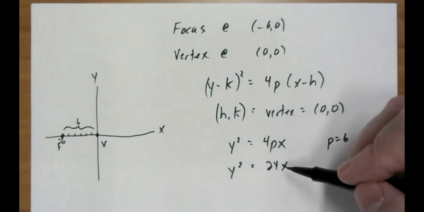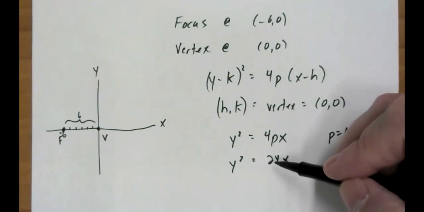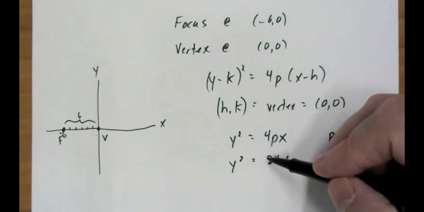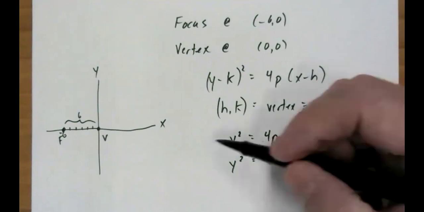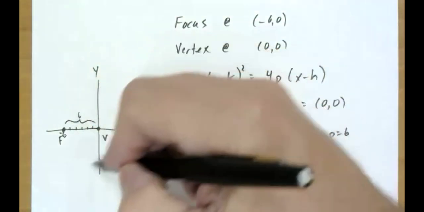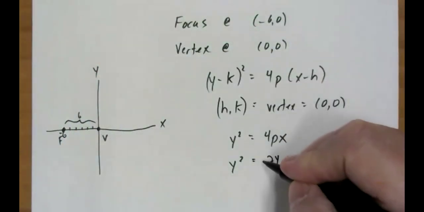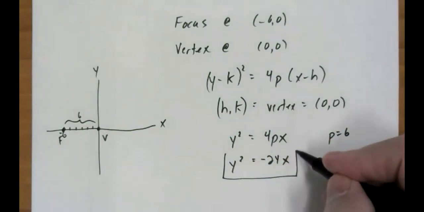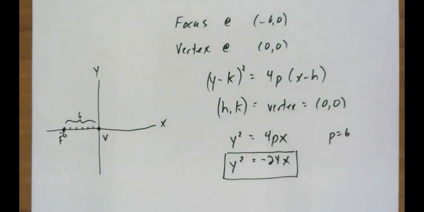But here's the last step. Please don't forget. Now you have to check and make sure that this should be a positive or negative. Since this parabola is going to open up to the left, we know it's going to be a negative. So this is going to be the equation of the parabola.